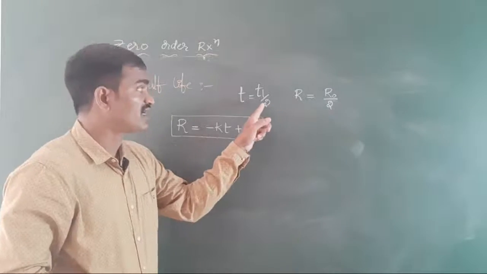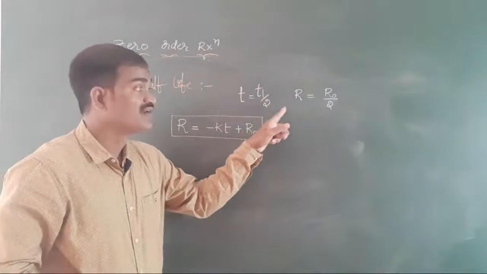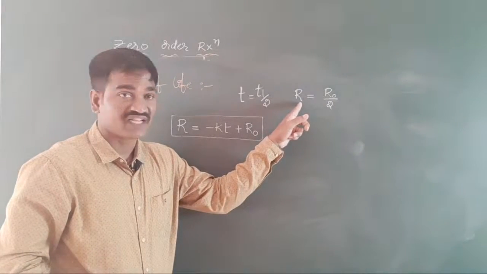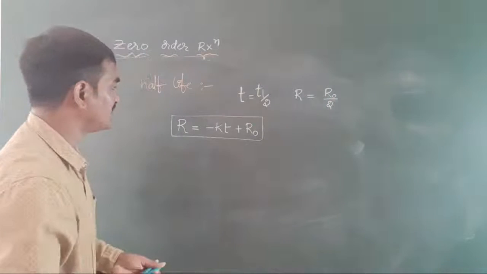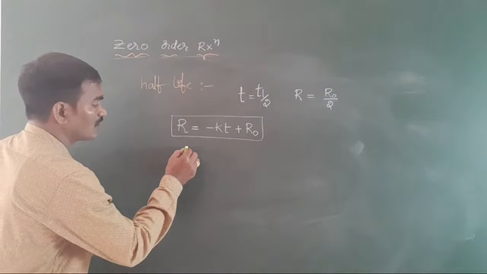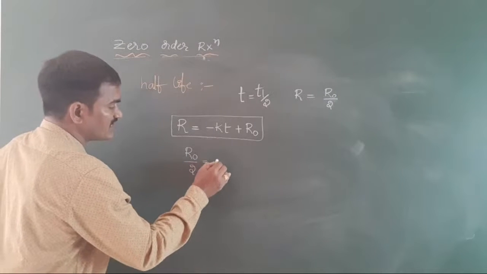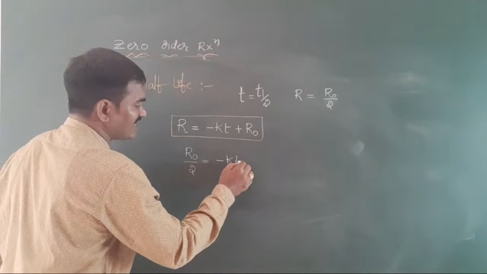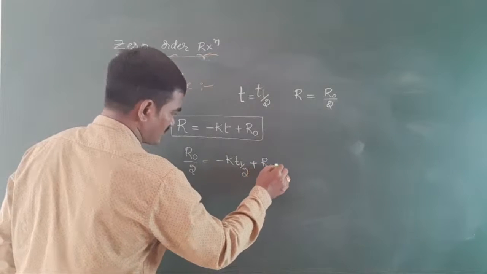That time we can call T half. In the T place you take T half, and the remaining concentration of reactants becomes its half, therefore R naught by 2. So R naught by 2 is equal to minus KT half plus R naught.